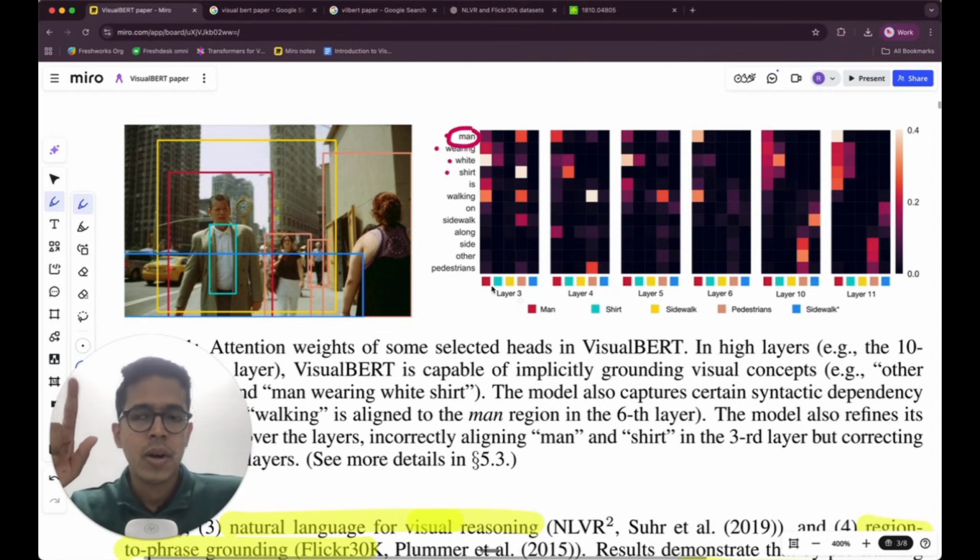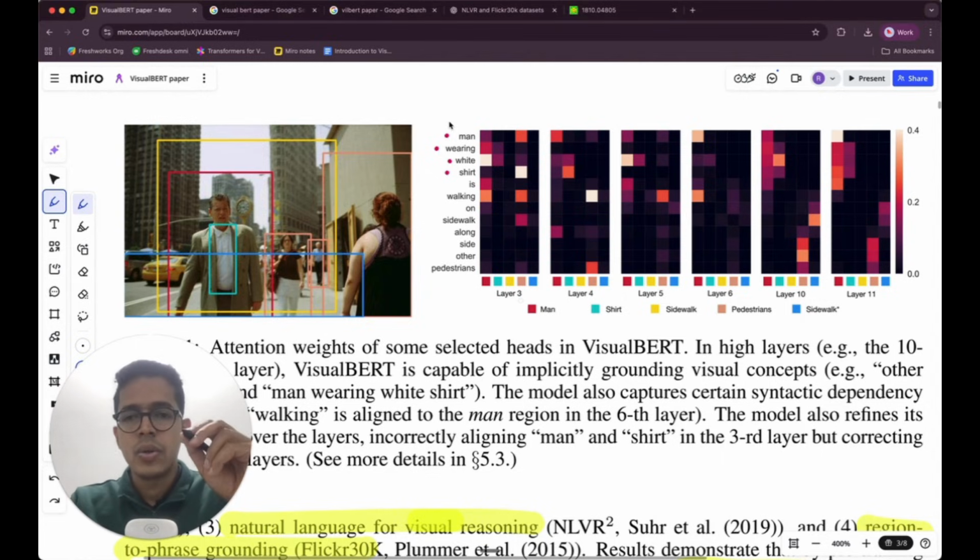Is there any doubt about that? The word man in the sentence should be most highly correlated with, and what is the sentence? The sentence is the caption of the image. The word man in this image should have the highest correlation with this red color bounding rectangle. Now look at layer 3.